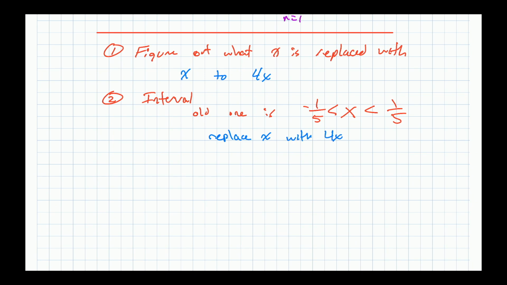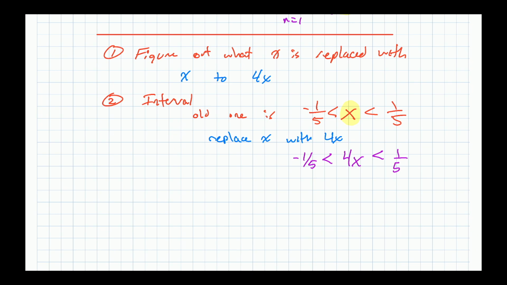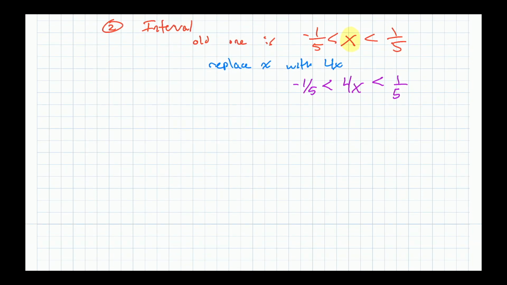So you replace the x with 4x, just right here. So we get -1/5, x is going to be replaced with 4x, like so.